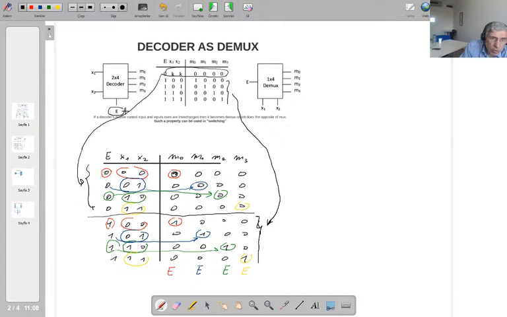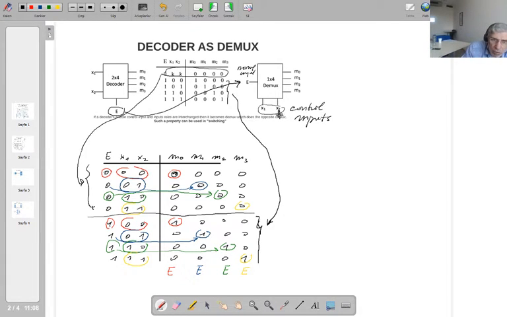So I'm going to consider this control input as a normal input here. Normal input. And those two were the normal inputs. But in here I consider those two as control inputs. What happens? This happens. Let's examine it.